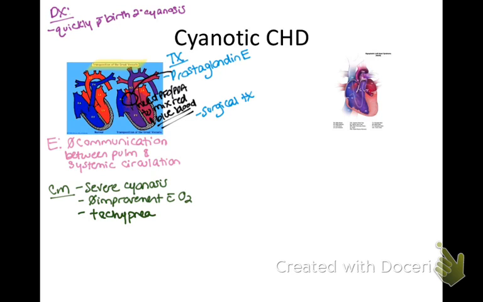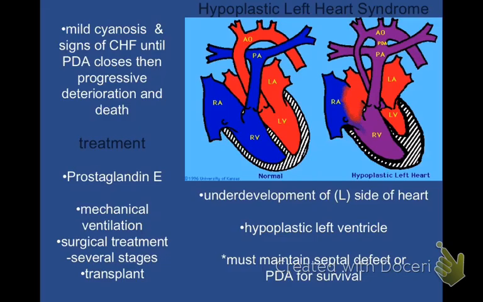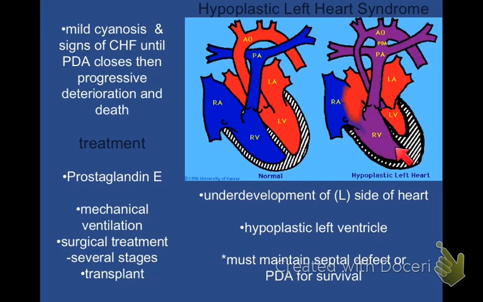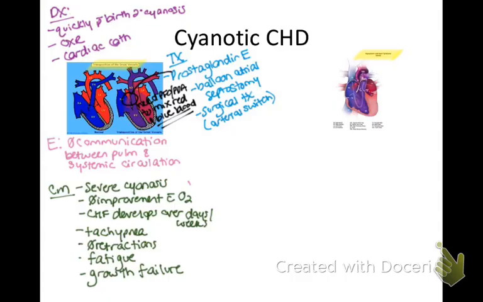And the last one is your hypoplastic left heart. So you can see right here, you see the right ventricle, and then the left ventricle is tiny. All right? So basically, you have an underdeveloped left ventricle.